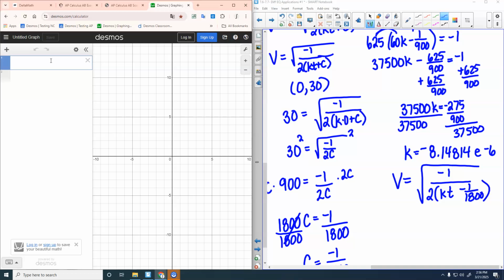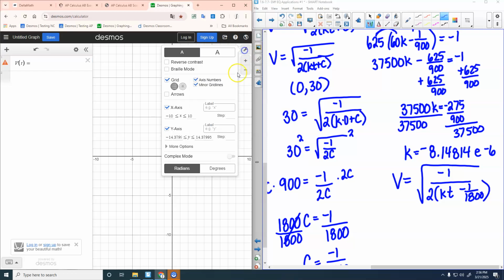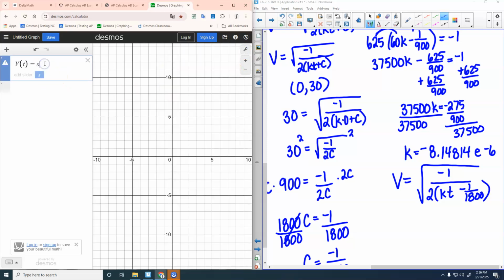So I'm going to do V of T equals the square root of negative 1 over 2 times, and then the decimal I've got here is, oh gosh, it's negative 8.14815 times 10 to the negative 16.